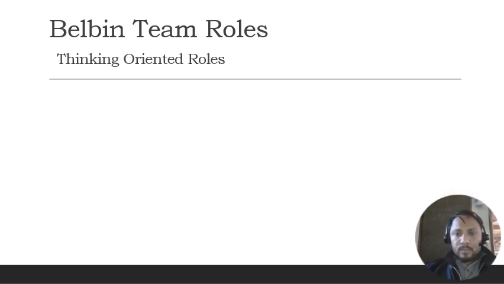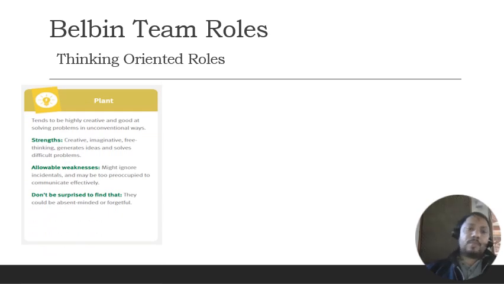So moving towards the thinking oriented roles, the first one is the plant. These are the people who really give the ideas, and they ignite the initial idea for any situation, and they tend to be very creative people.